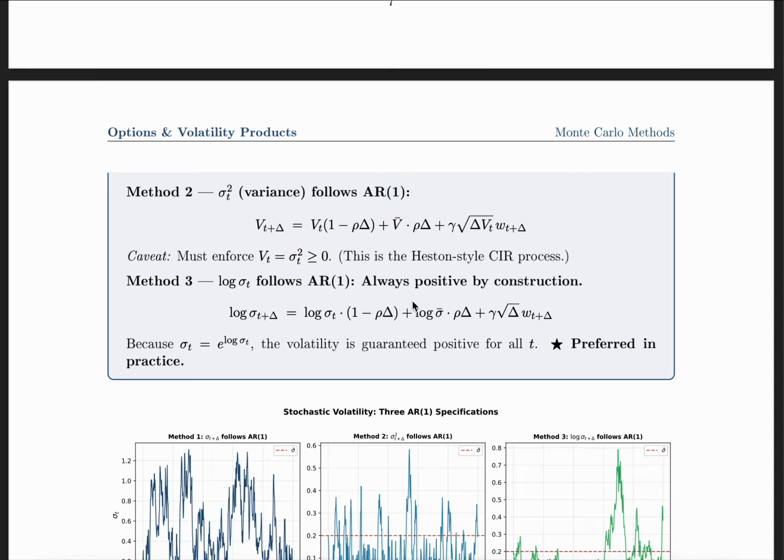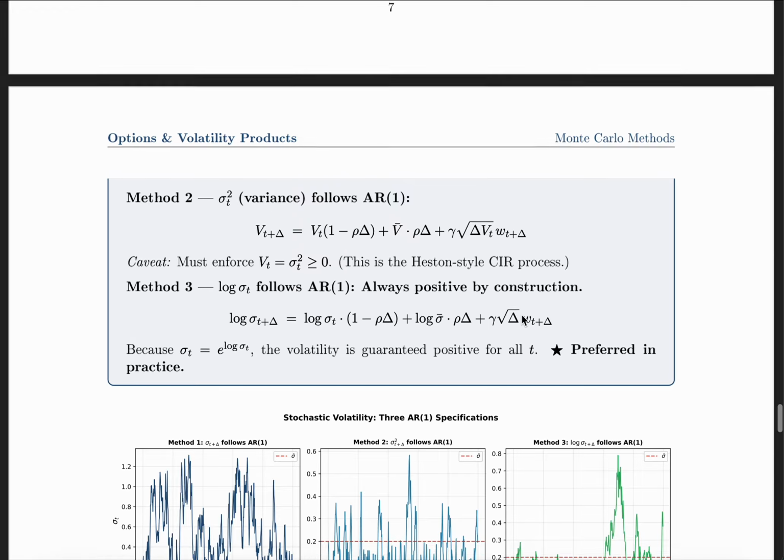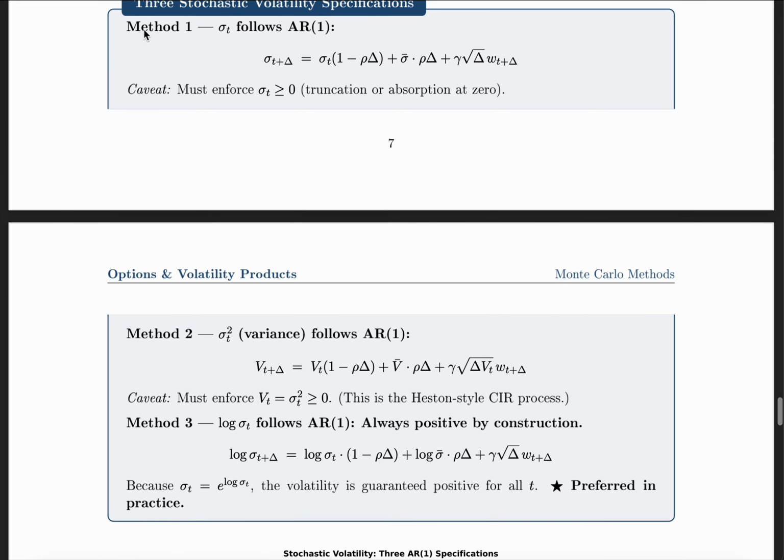Raising e to the power of whatever's on the right, regardless if it's positive or negative, is going to give us a positive number. If the right side is positive, we're going to get a large positive number, and if the right side is negative, raising e to the power of it just gives us a small positive number. What this allows us to enforce is the fact that sigma is always positive. You can never have a negative standard deviation, which is a problem with method 1 and method 2.